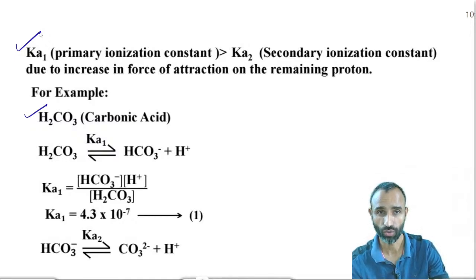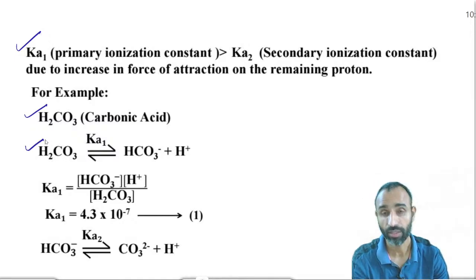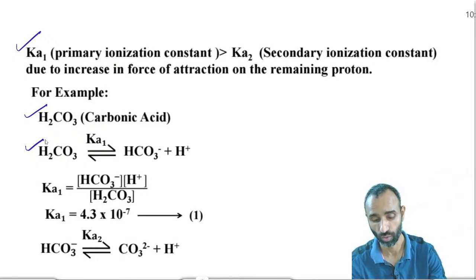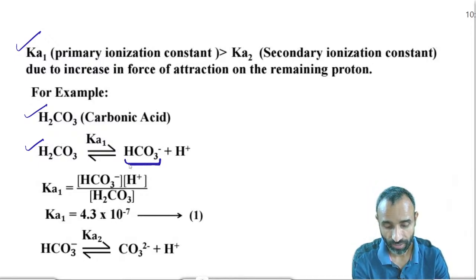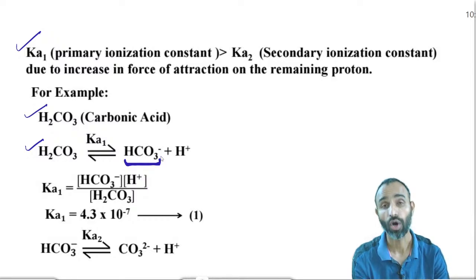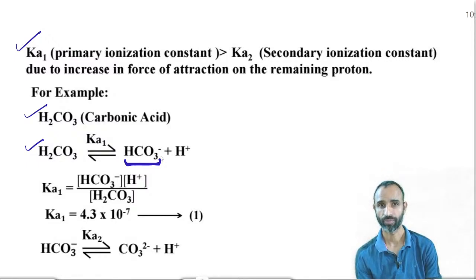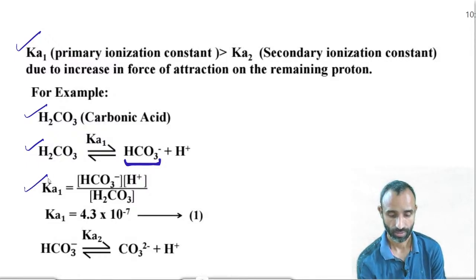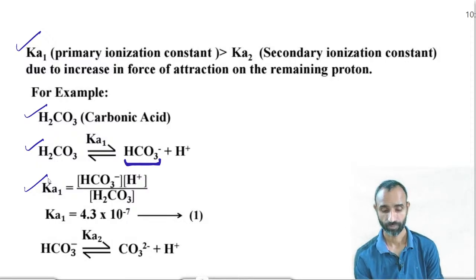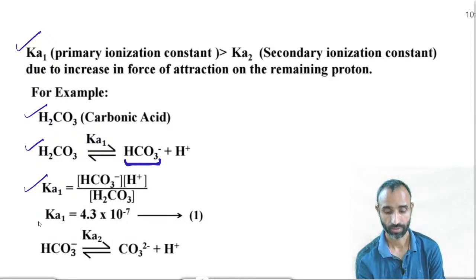Why is it so? Because once H plus ion is removed from a neutral molecule, we get an anion, and from an anion to remove a cation is difficult. That's why Ka1 is greater than Ka2.